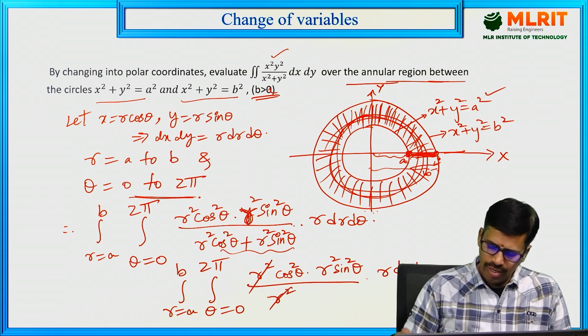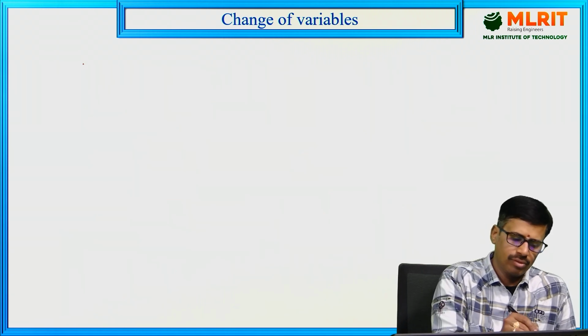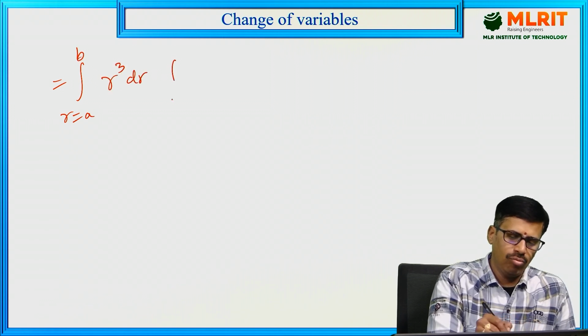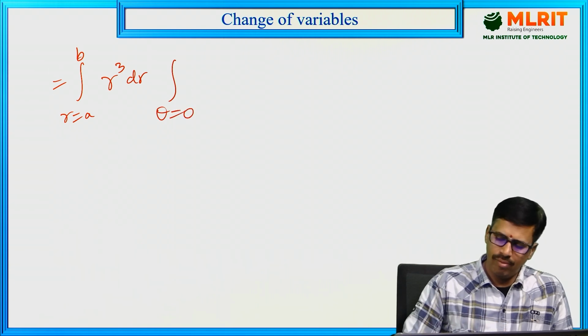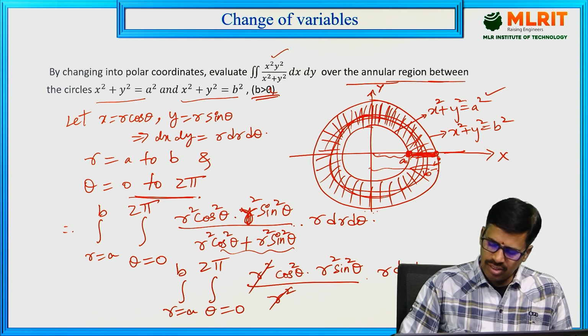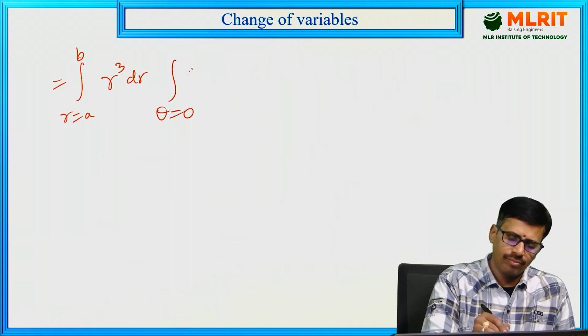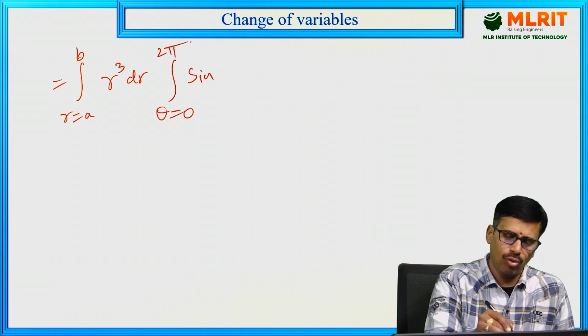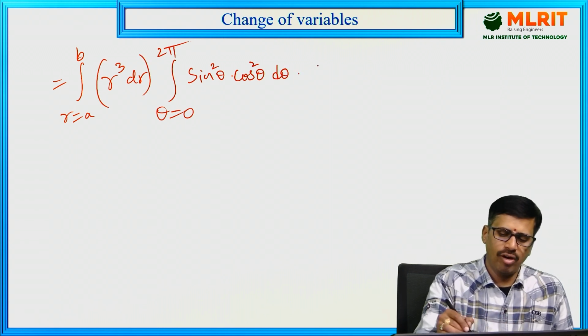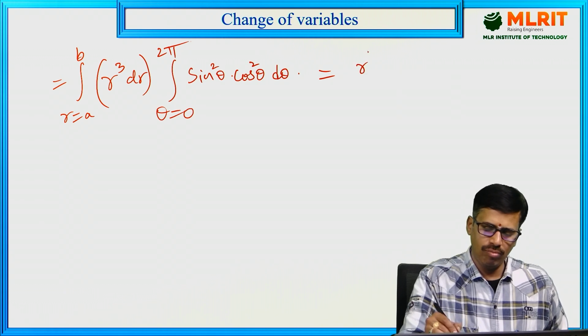So r equal to a to b, r square into r is r cube. This can be written as integral r equal to a to b r cube dr into integral theta equal to 0 to 2 pi sin square theta cos square theta d theta. So integration of r cube is r power 4 by 4.